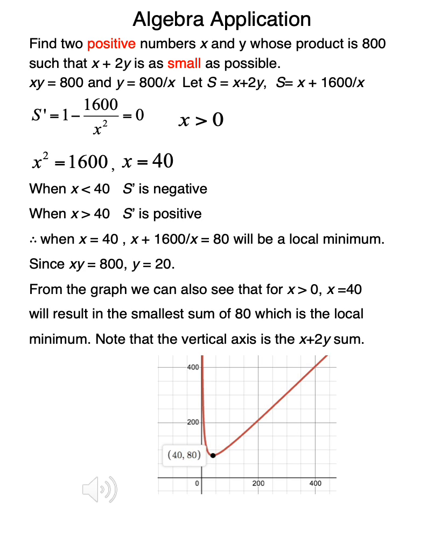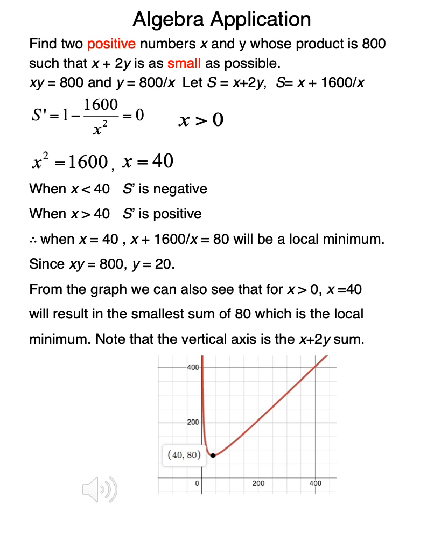Keep in mind that for this problem the domain of the function is going to be that x has to be greater than 0 because the problem says the numbers are positive. So solving for x, we get that x equals 40, so that will be our critical value. Now, if you plug in any value less than 40 for x, you'll notice that the first derivative is going to come out to be negative.